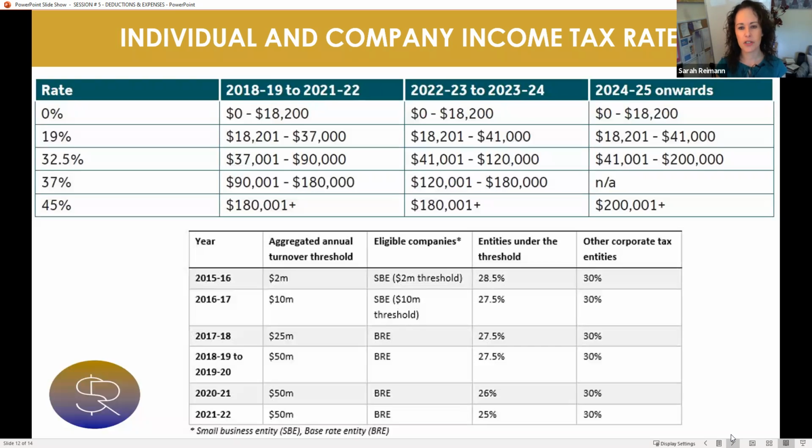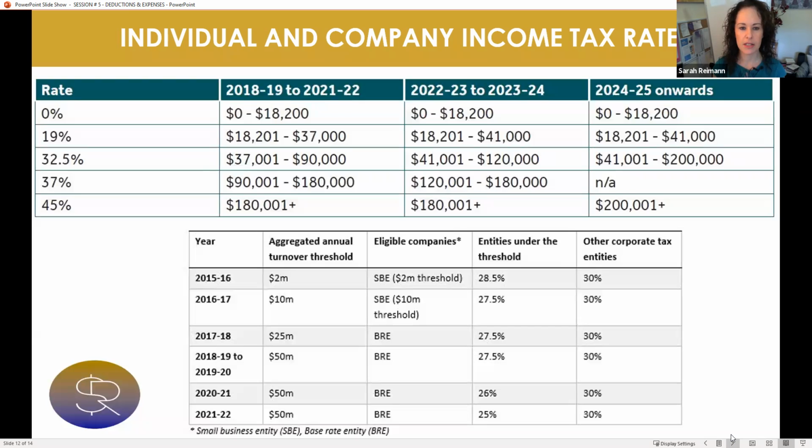In the last session of this series, the next one, I'm going to be going through in more detail the government taxes and obligations. But for the purpose of this session, I'm briefly going to explain the tax rates and how they might apply to your business and claiming the tax deduction. As you can see on the screen here, there's a lot of numbers, but what I want you to have a look at is there's two tables.